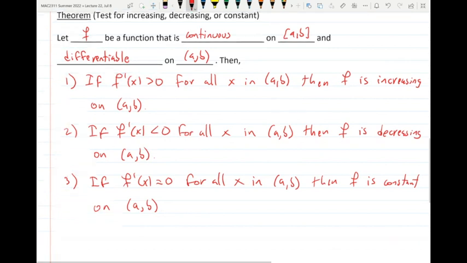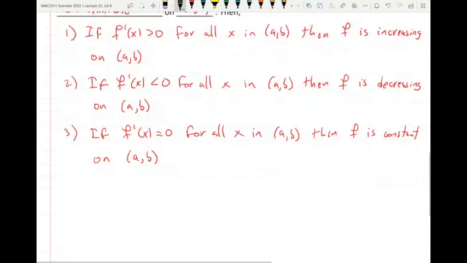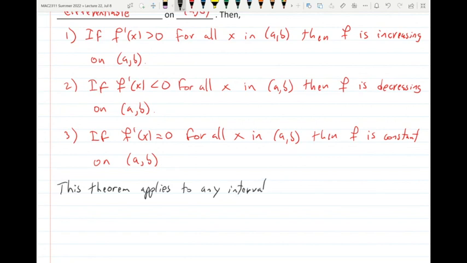Now I'm writing this theorem for intervals of the form (a, b), but this also applies for other types of intervals like half open, half closed, and the entire real line. So let me write that down. This theorem applies to any interval on which f is continuous and differentiable.